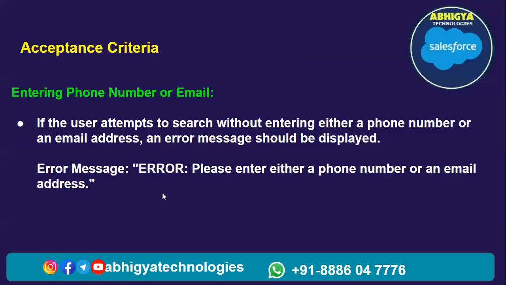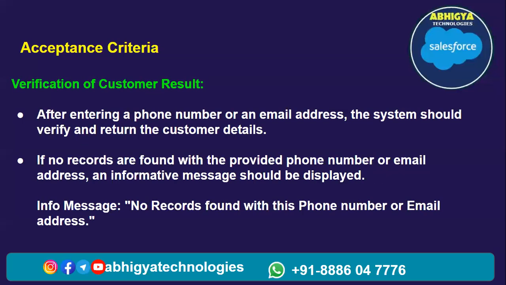We have the second acceptance criteria, so we have to display the message: no records found with this phone number or email address. If any data is found, we have to display the data. If no data is found, we display this information. How we are going to implement that, we can check in the next video.